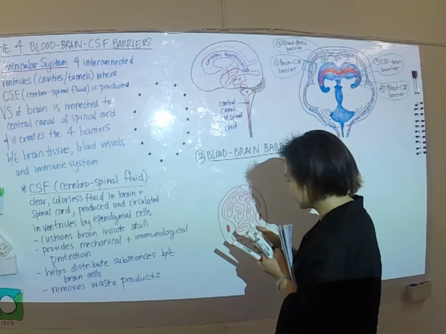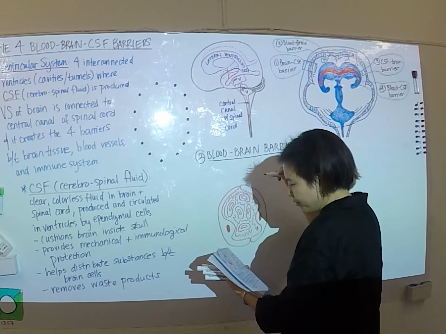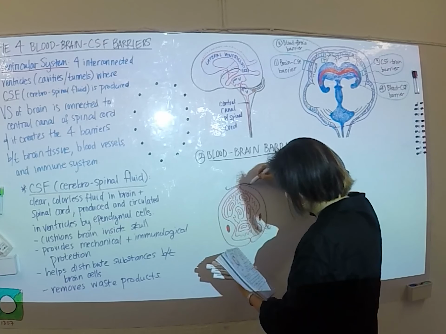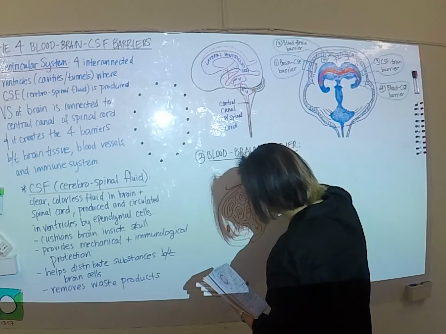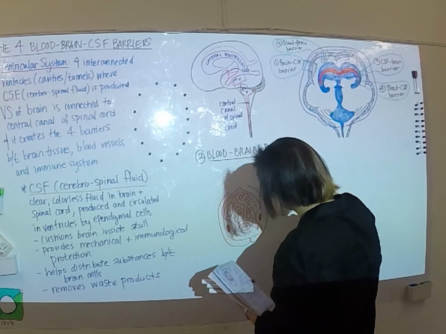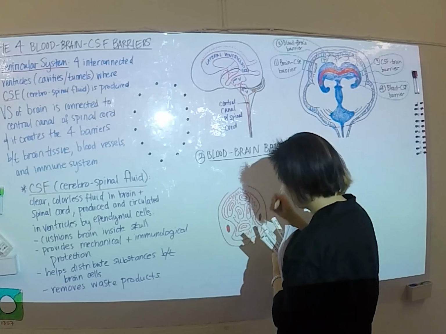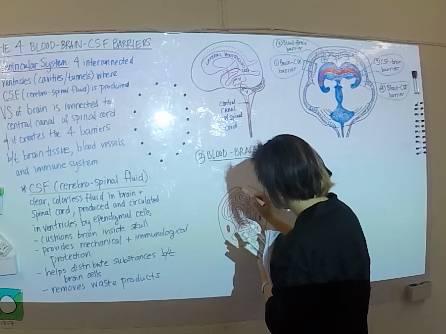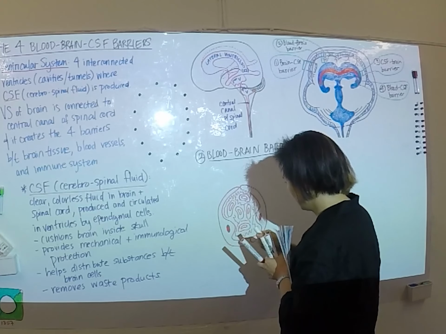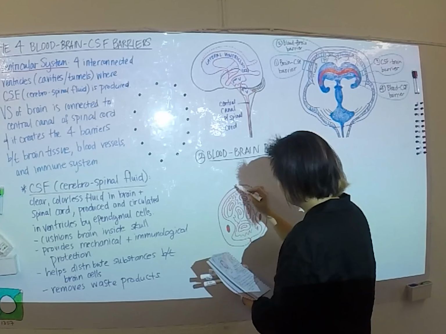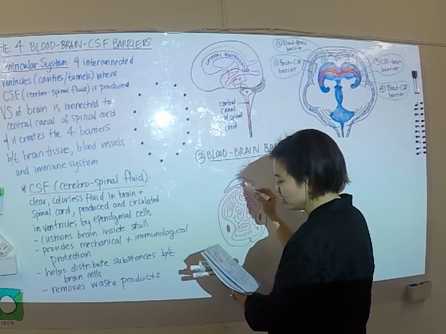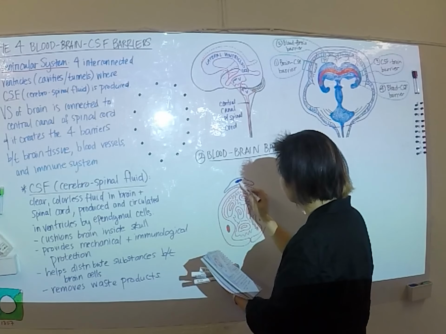Okay, then we've got little cells that sit right here. Oh, I'm not going to use black. Purple. We've got little cells that sit right along here, along the outside of the endothelial cells.